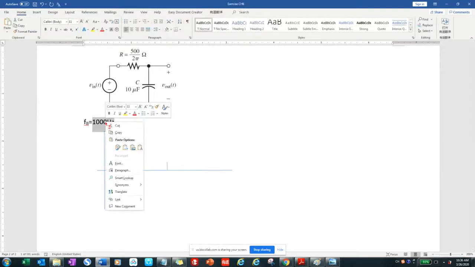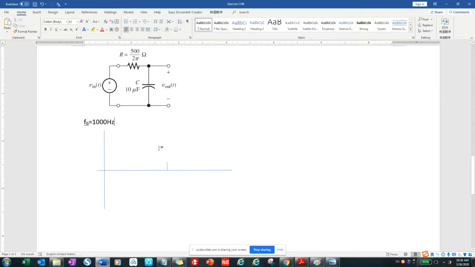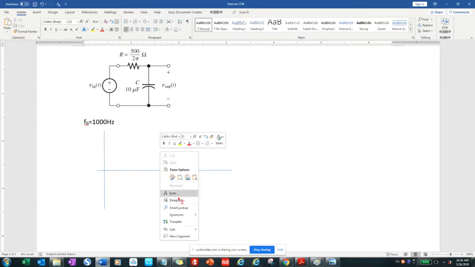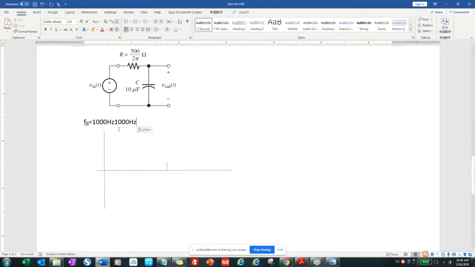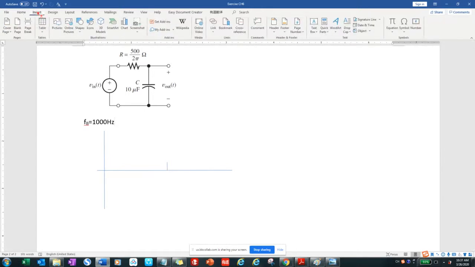So this is going to be 1. Sorry, I cannot put it here. So this is 1000 Hertz here. Then we know that if the frequency is less than this break frequency, then it will be equal to 0. So you can draw a line.